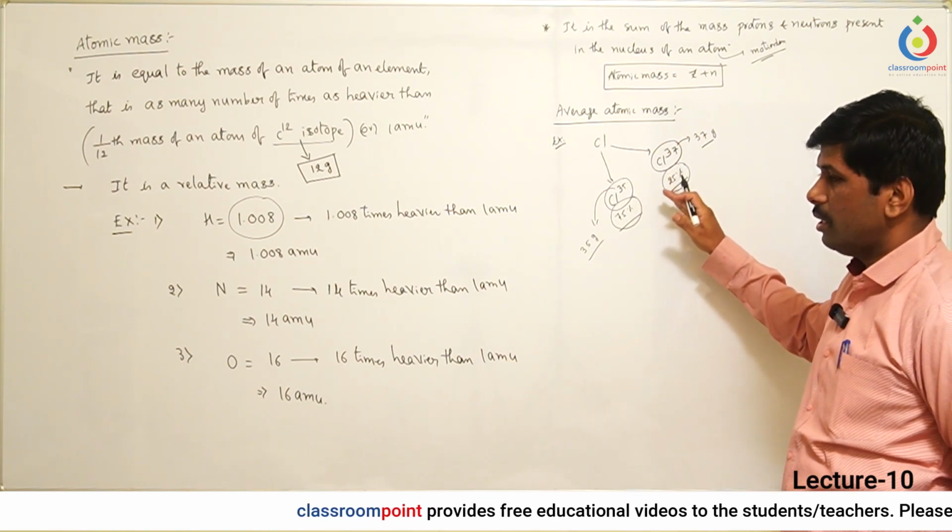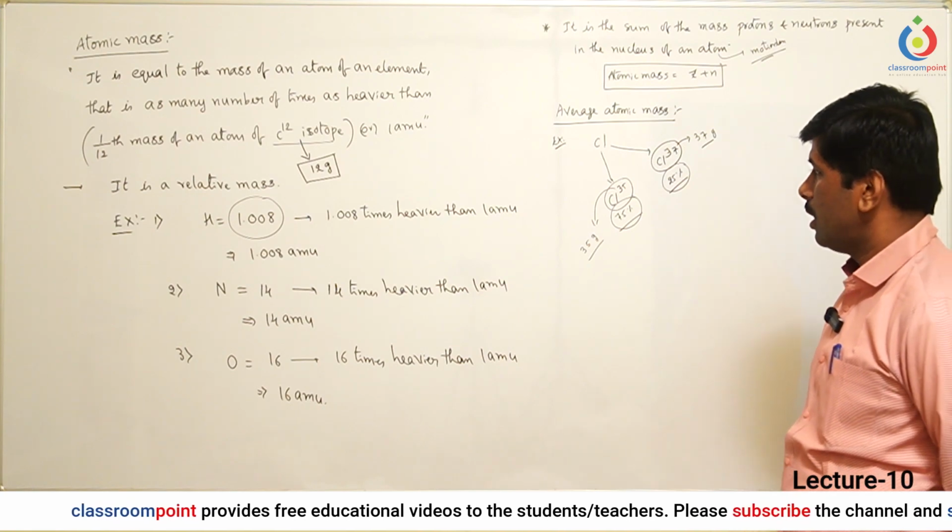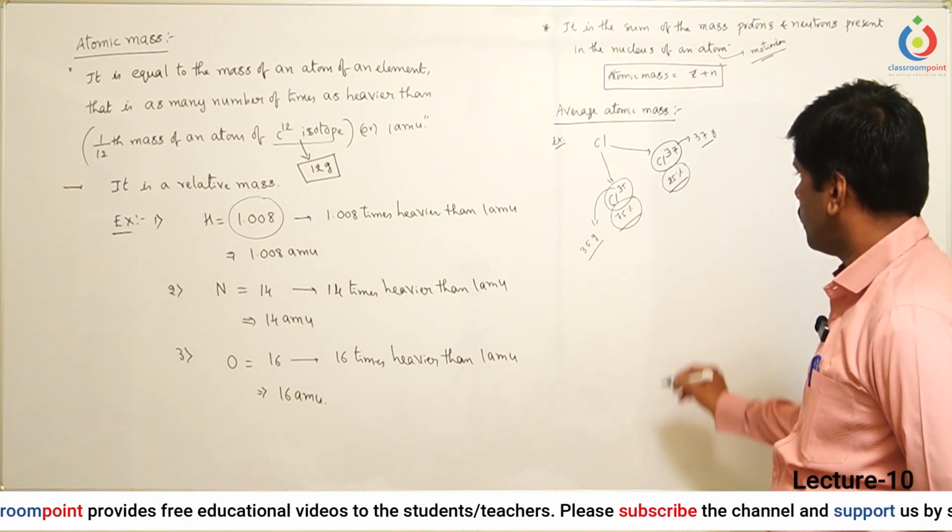So by considering this, we have to take the average, and that is what is called the average atomic mass. Then how do we calculate the average atomic mass?